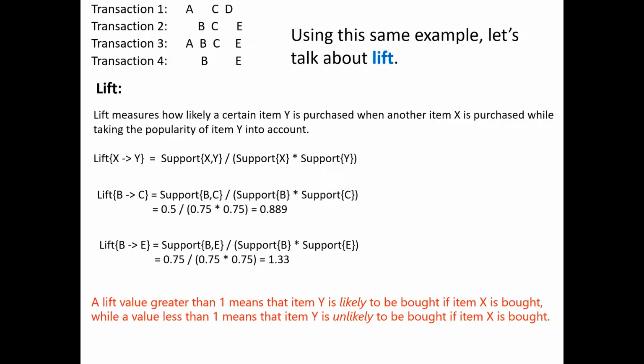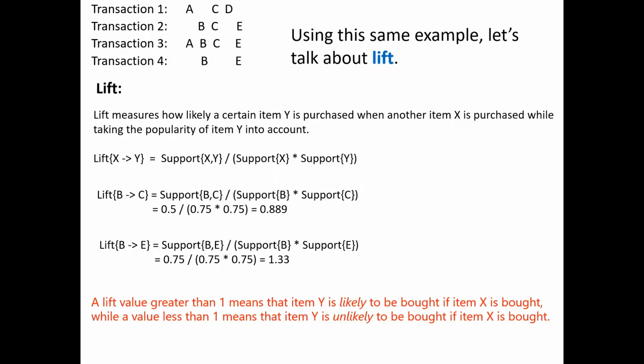Okay, what does this mean? A lift value greater than 1 means that item Y is likely to be bought if item X is bought, while a value less than 1 means that item Y is unlikely to be bought if item X is bought.